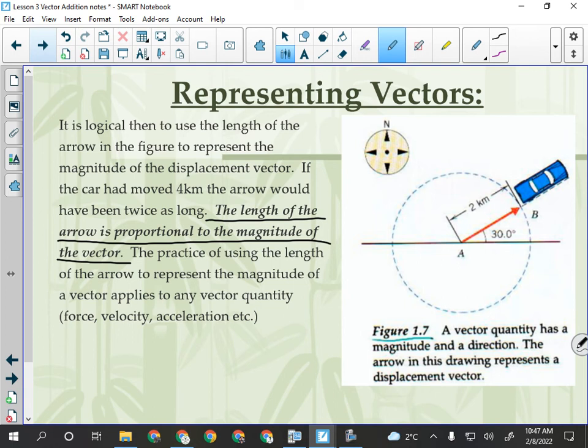All right, does this mean when we're doing vector diagrams that I have to have a ruler and a protractor and all of that kind of stuff? Please don't. Okay? You have to have scale, but you don't have to measure it every time. It'll take you forever if you are physically measuring every line, figuring out what the scale is going to be, and then putting your protractor on there.